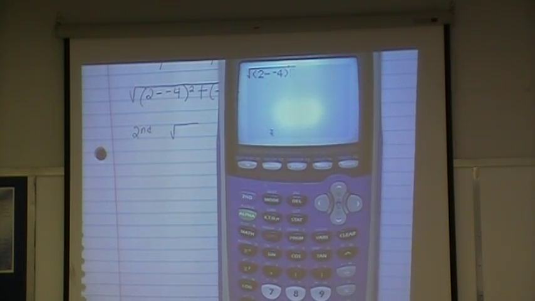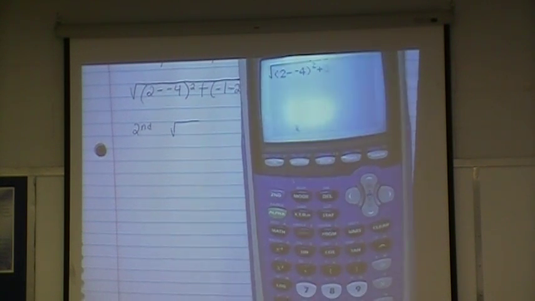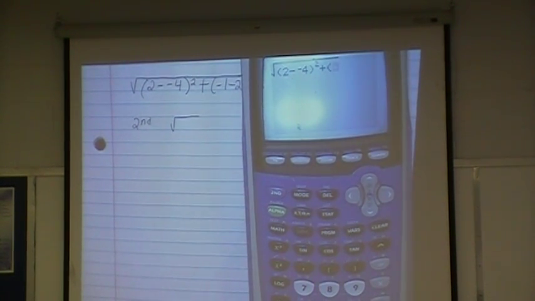Kids forget to close their parentheses. You know what else kids forget to do? They forget to square it. You have to put it in there just like that. Parentheses, 2 minus negative 4 squared. Or they forget to put the plus sign. You just got to take your time, put your stuff in there. Plus, parentheses, negative 1 minus 2, close your parentheses, squared.